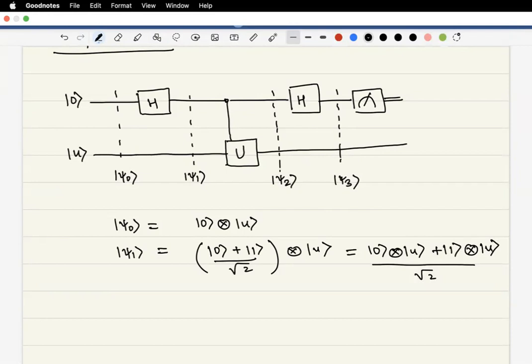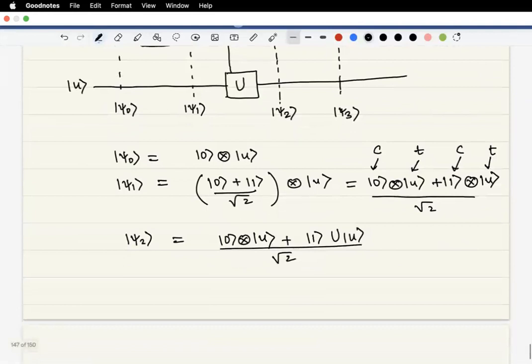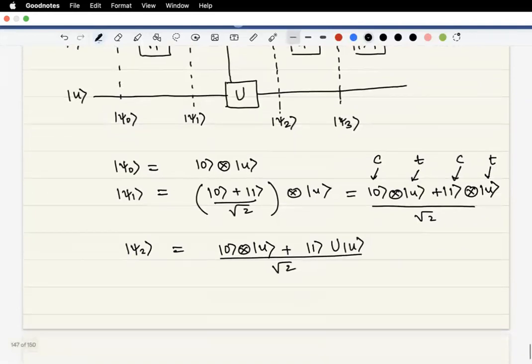Next, the control unitary gate gets applied. So this is the control bit and this is the target bit. So control target, control target. So if the control bit is set, psi 2 will be 0 tensor u. Since the control bit is not set, nothing will happen. And then in this case, the unitary U will get applied over here. Right. Now I can use the eigenvector eigenvalue equation.